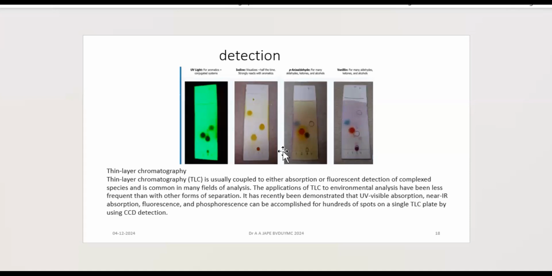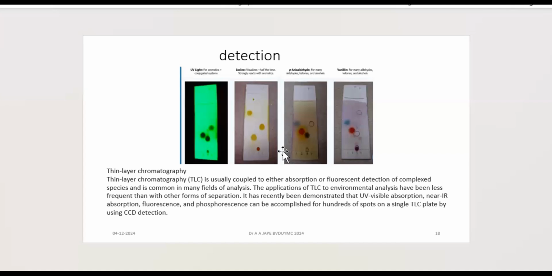So you have to optimize the solvent system and compare the RF value of a given analyte in a given solvent system and the known standard RF values for that analyte for the given solvent system. And then you can compare about the presence or absence.